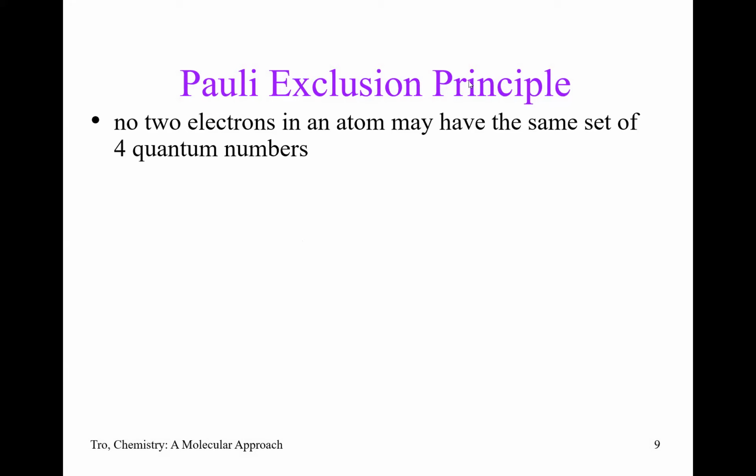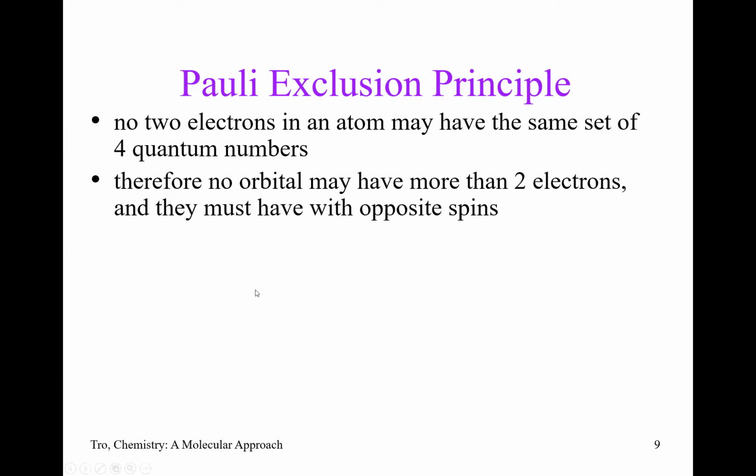The exclusion principle basically says that no two electrons in an atom have the same set of all four of these quantum numbers. So every electron is unique, sort of like a snowflake or something. All right, so no orbital may have more than two electrons, and they must have opposite spins.